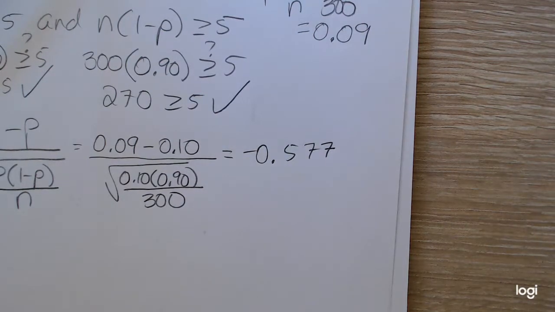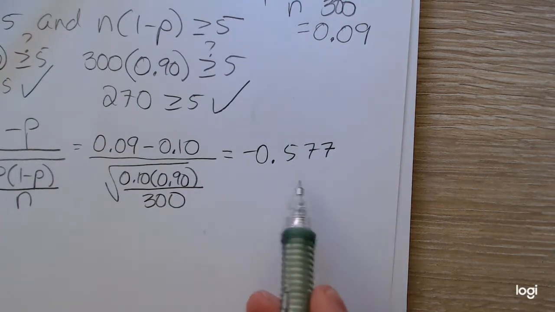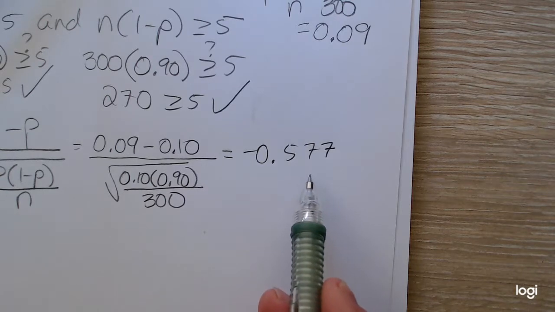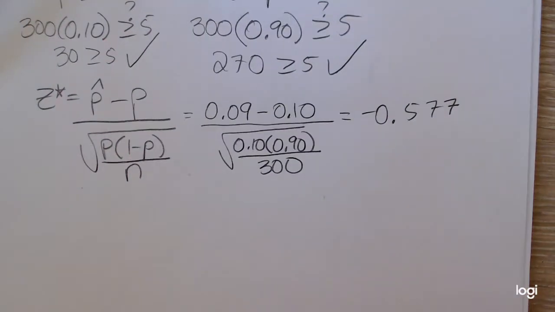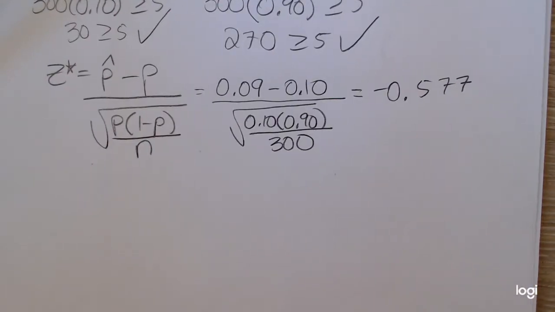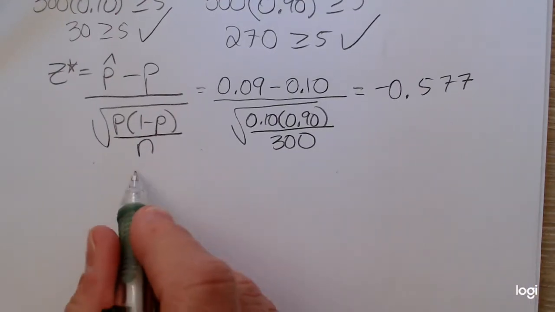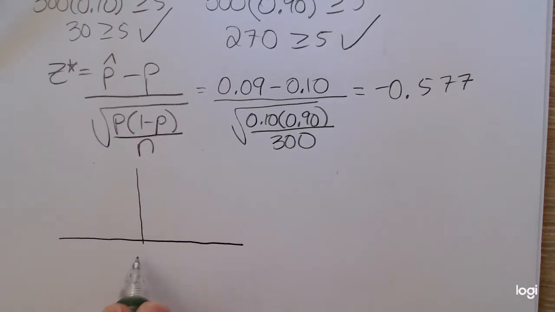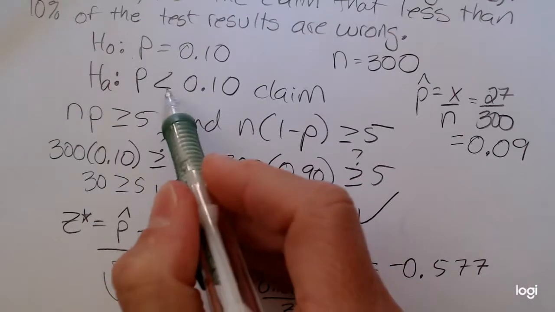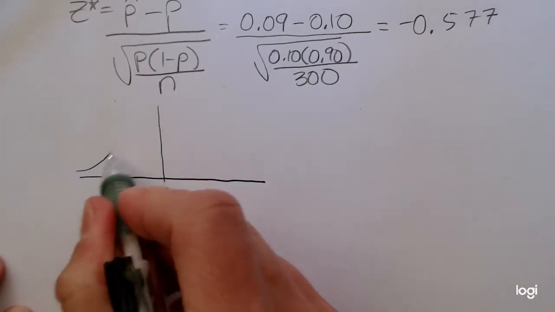Okay, so what we want when we're finding the p-value is we want to find the probability of getting a test statistic at least as extreme as the one obtained by the sample. So because this is a lower-tailed test, looking at the alternative, it's pointing to the left, so I know this is a lower-tailed or left-tailed test.